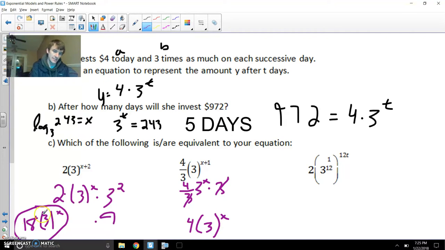And of course, that's not the same. So then let's see which one this one comes out to be. Hopefully on your paper it says 1/12. These can go together like power, and they end up canceling out. And it gives you 2 times 3 to the x or the t or whatever. So actually, none of them are equivalent. That's the answer here.